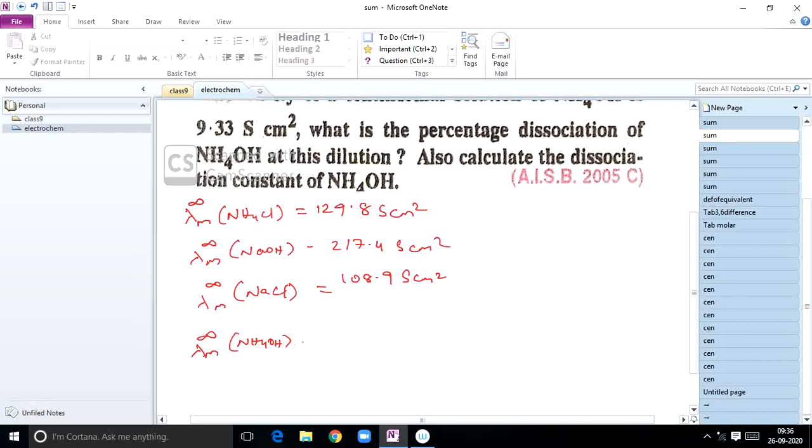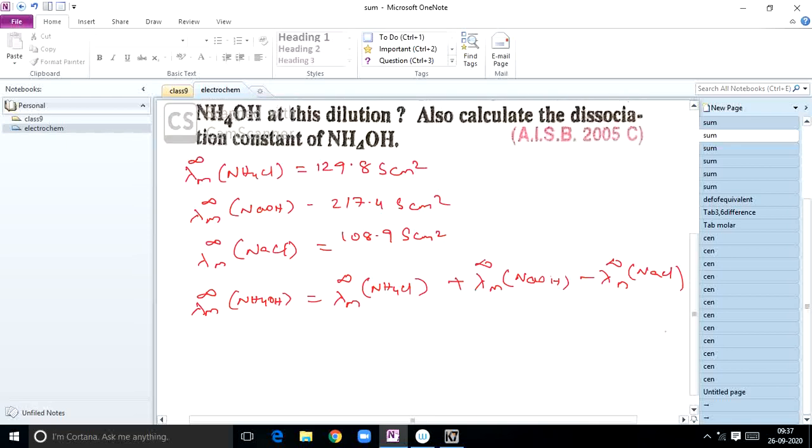So lambda m infinity of ammonium hydroxide is lambda m infinity of ammonium chloride plus lambda m infinity of NaOH minus lambda m infinity of NaCl. You have to bring out this relation, and finally directly substitute.